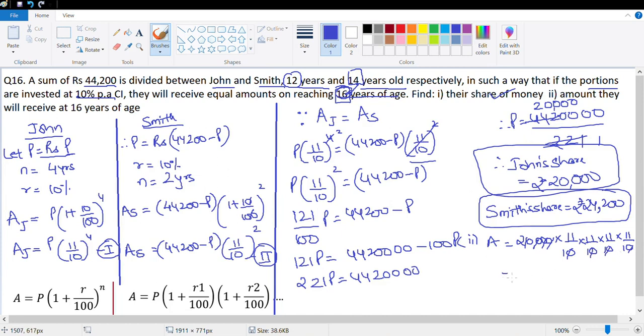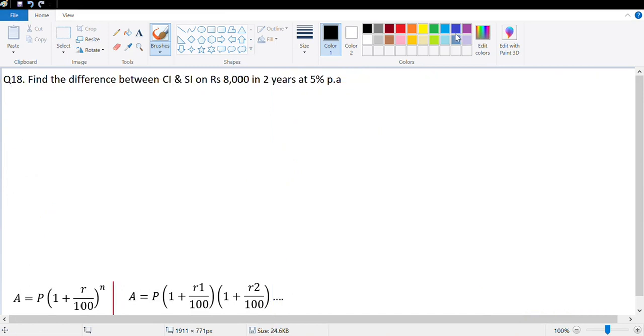So what I have is 2 into 11 into 11 into 11, that's 1331 multiplied with 11. So that's 22 into 1331. And this answer would be rupees 29,282. I've already done this calculation, so 29,282 is the amount that they get at the end of 16 years. And then this brings me to the last homework question that we had.